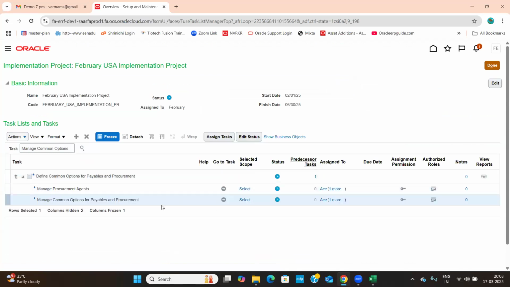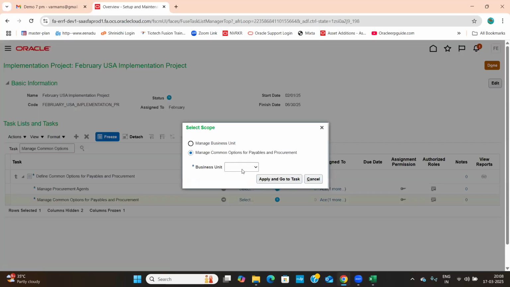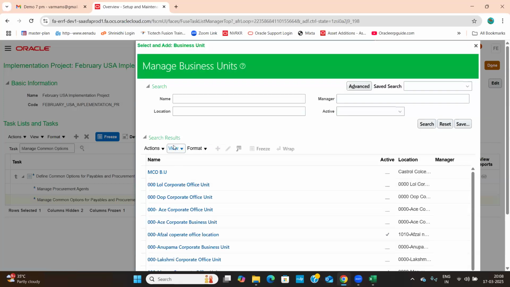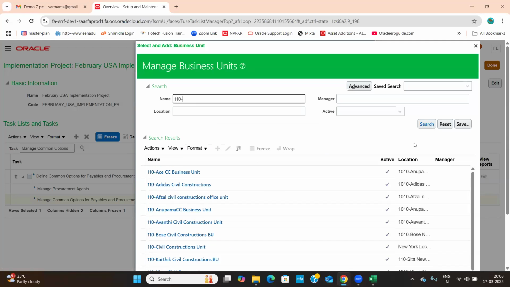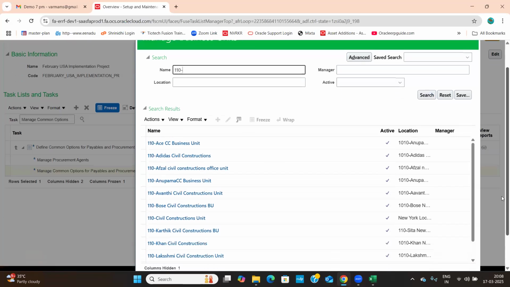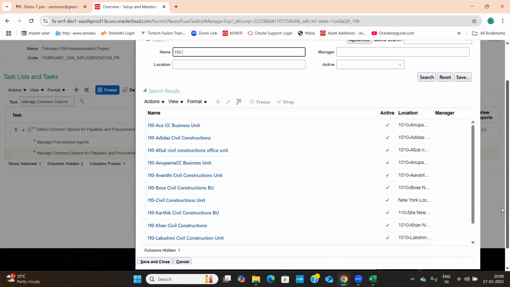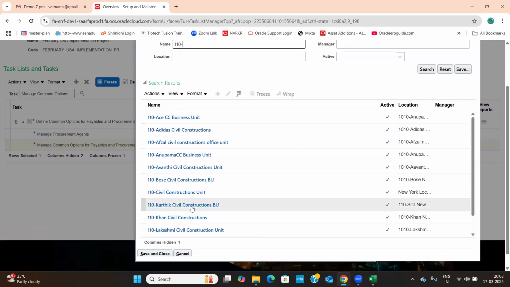So we select the business unit, select and add. So here 110, Karthik Civil Construction Business Unit.